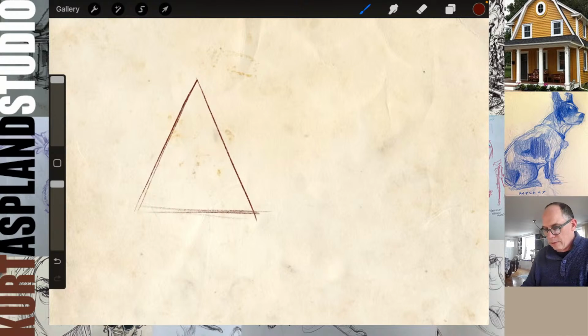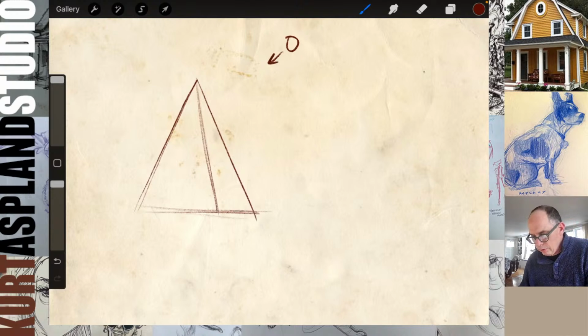And then you might have a little angle coming down like that, right? That's easy. And let's say that the sun was shining from this direction here, and very lightly you're going to tone in the left-hand side of this pyramid, just like this.